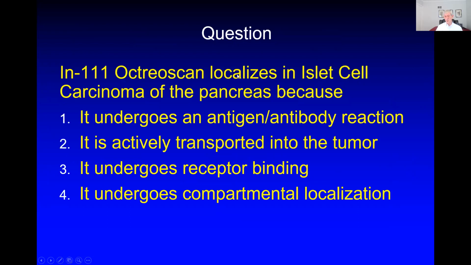Why does Icreoscan localize in an islet cell carcinoma? If you think back to the discussion last week on neuroendocrine tumors and adrenal tumors, we said that the mechanism is called receptor binding. This drug is binding to somatostatin receptor sites that are on islet cell carcinoma, as well as a few other tumor types.